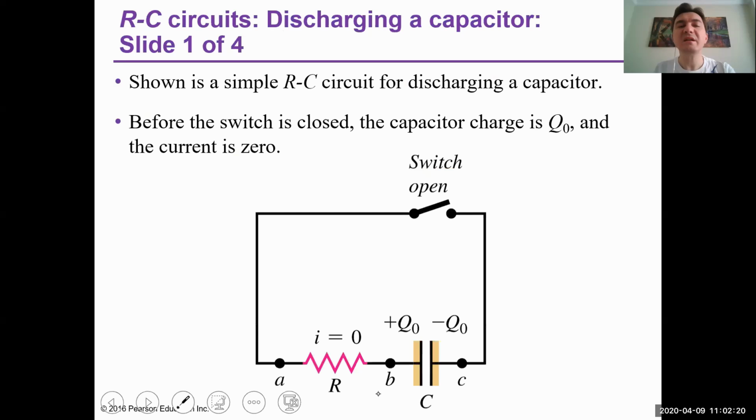So now let's continue with discharging a capacitor. First of all, we have charged the capacitor. It is fully charged. Now the charge is given by Q0 or Q final, okay? Before the switch is closed, the capacitor charge is Q0 and the current is 0.